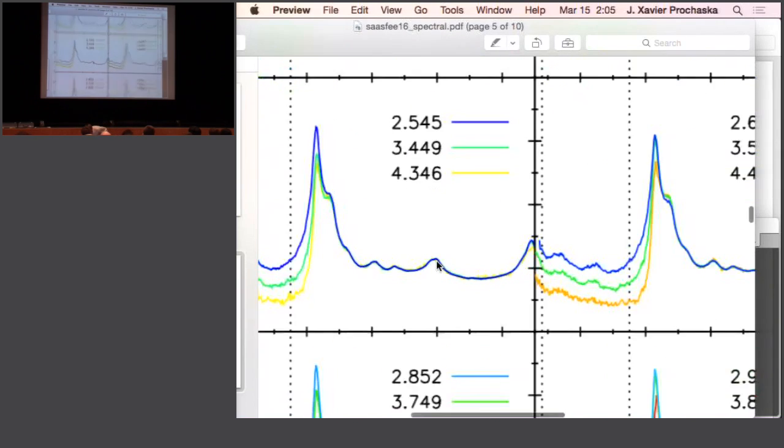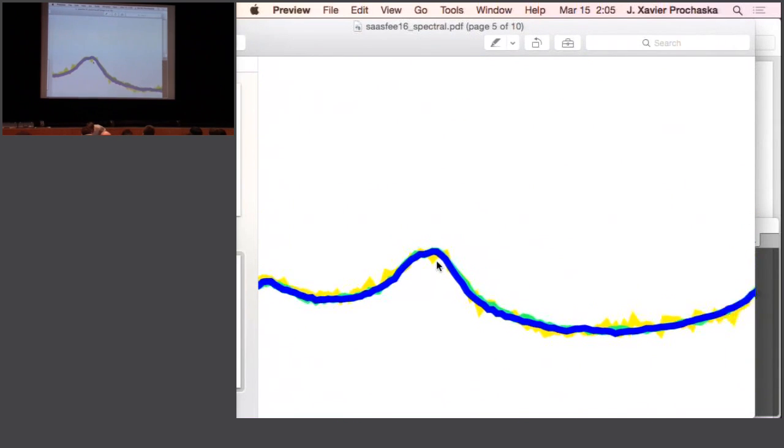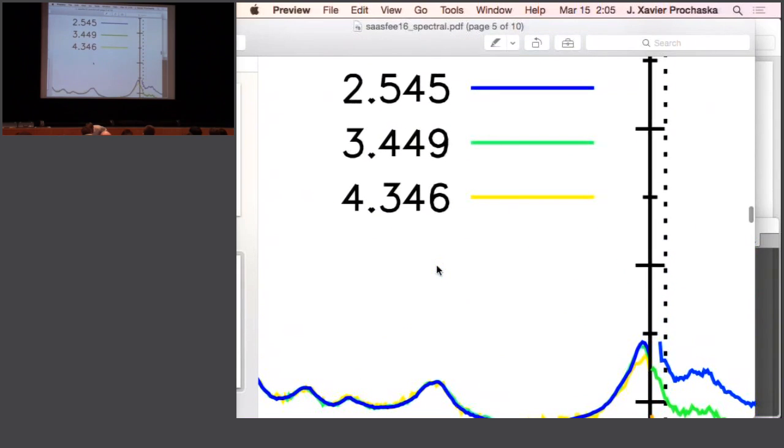And these are right on top of each other, okay? So in this panel, ranging from 2.5 to 4.3, hundreds of quasars per composite spectrum, at the several percent level, the average quasar SEDs are nearly identical.